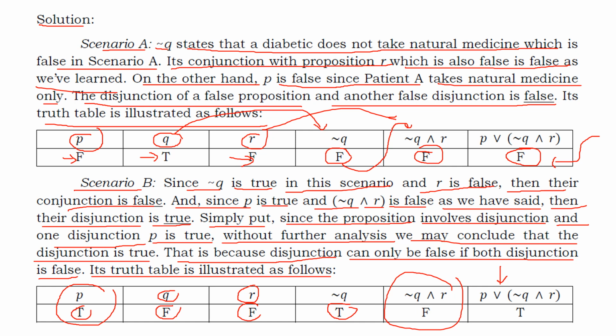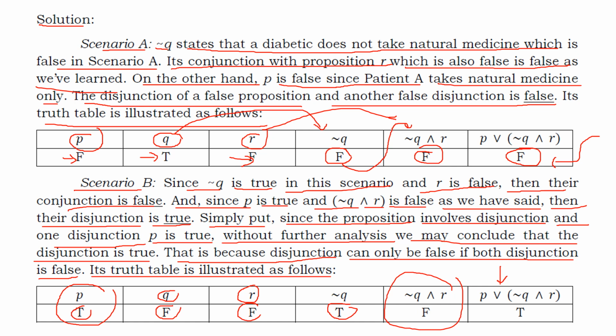That's why if we apply this disjunction as your logical connector in your last column here, your truth value is true. Why? Because one of your propositions is true. The original proposition P is true, while your negation Q conjunction R is false. Even if that is false, one of them is true.